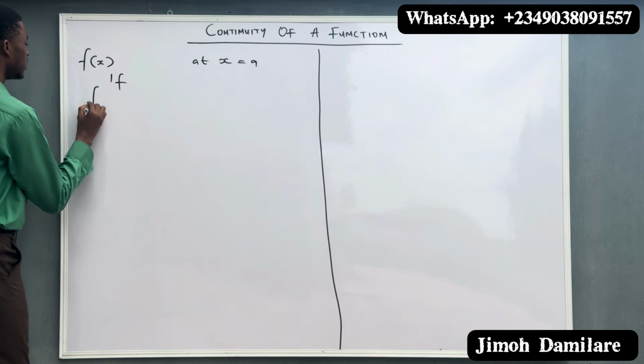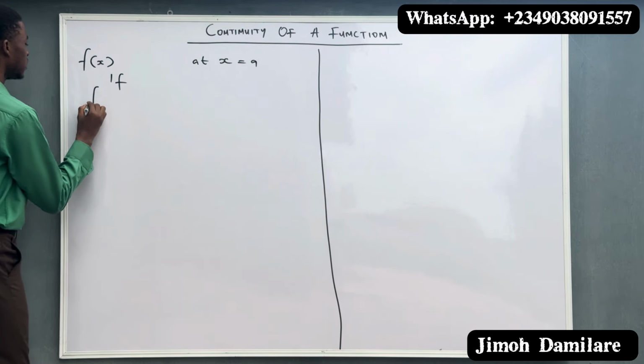This formula is known as the condition for continuity. So the condition for continuity states that a function f of x is continuous at x equal to a if f of a is equal to the limit of f of x as x approaches a.